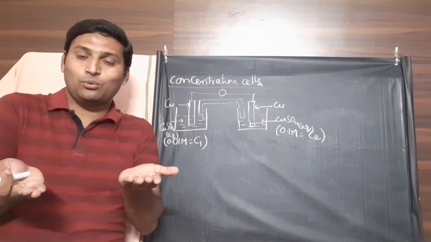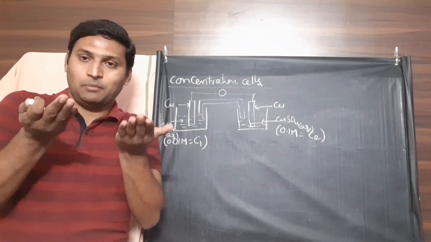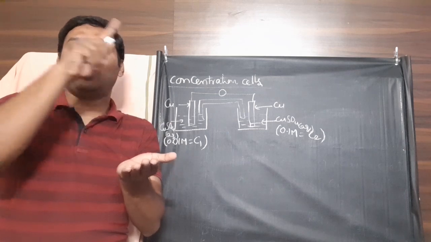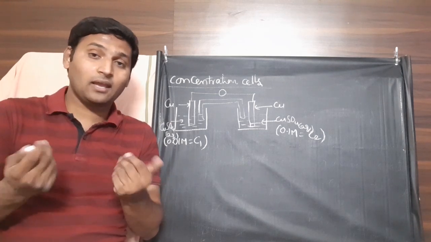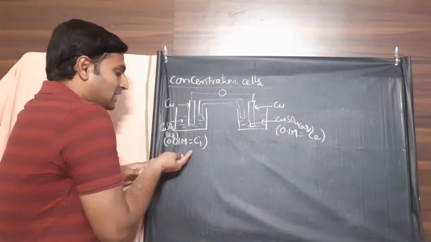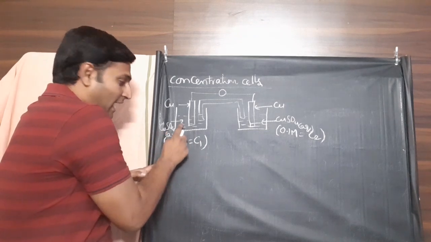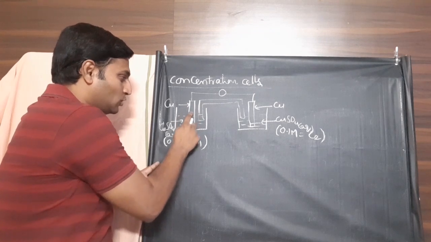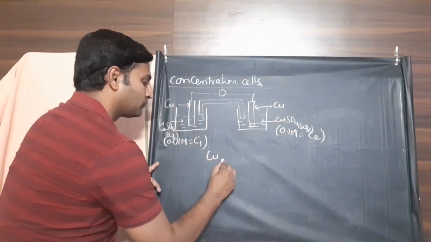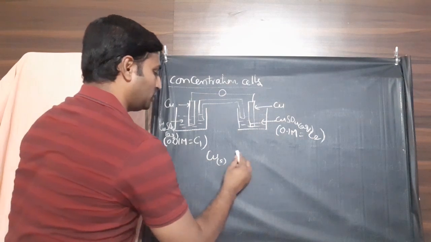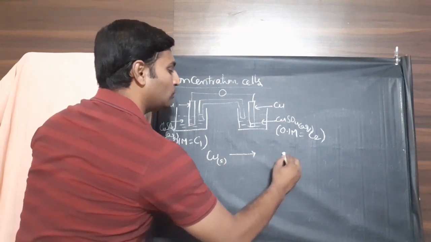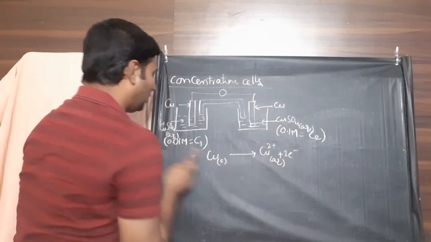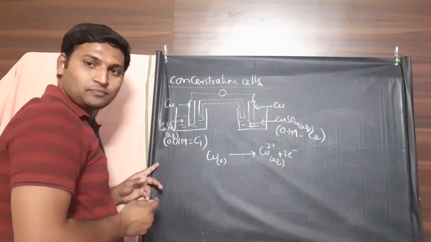While they are trying to balance the concentrations, the voltage will be generated. Why? If this half vessel has to increase the concentration of ions in this solution, then the solid copper present in this solution has to lose electrons and become copper cations. Then only the concentration keeps increasing, right?